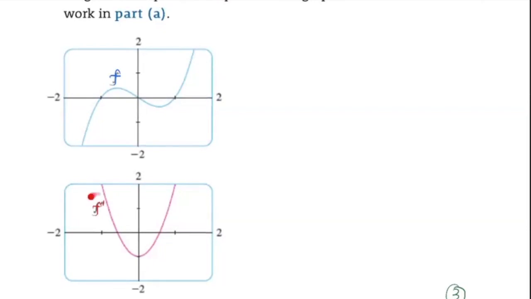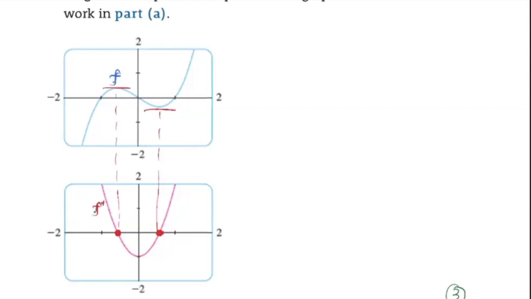F prime, think about that corresponding to the slope of the tangent of this f over here. You see for this f over here, the graph, you have a horizontal tangent here and also here. So at these two corresponding points over here, you see f prime will be equal to 0 here and here.